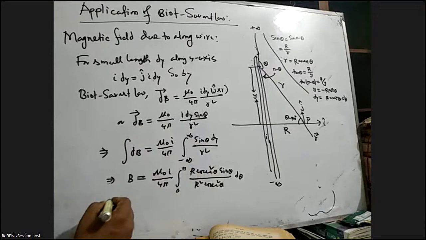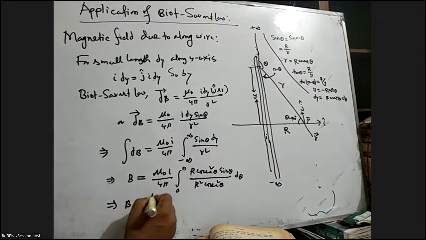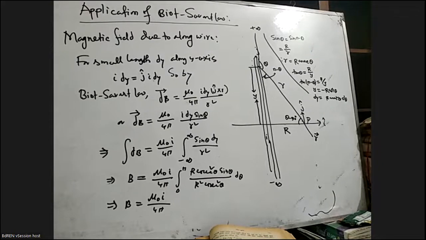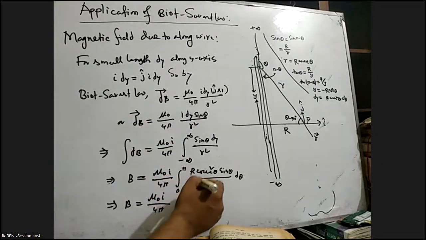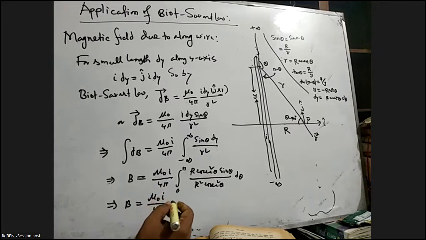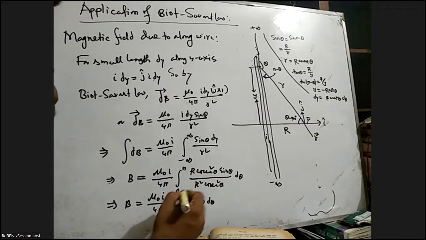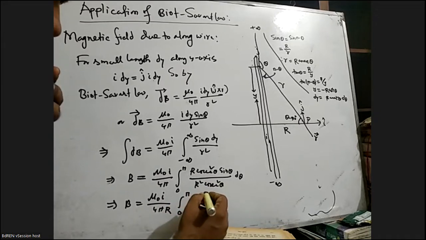So from here we get B equals mu naught I by 4 pi, and the common terms cancel each other. Capital R is constant, and from 0 to pi only sin theta d theta remains.